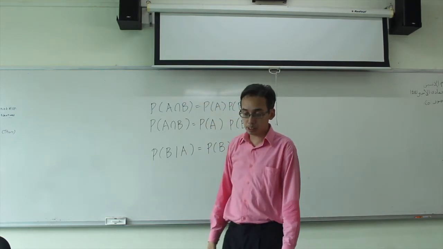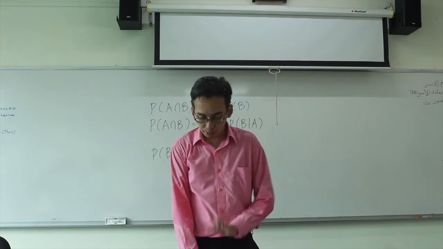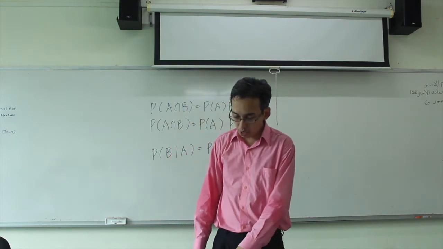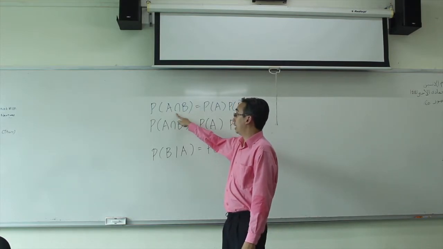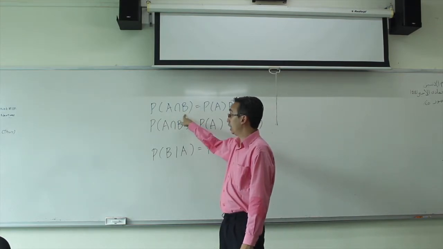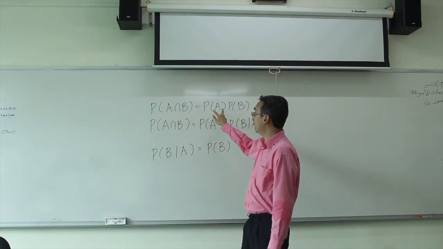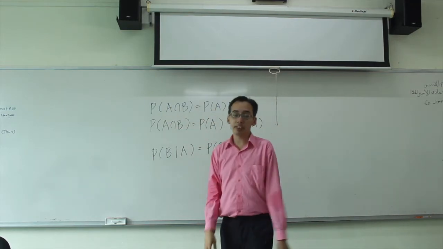For independent events, the probability of A intersect B must be equal to the individual probabilities multiplied together.